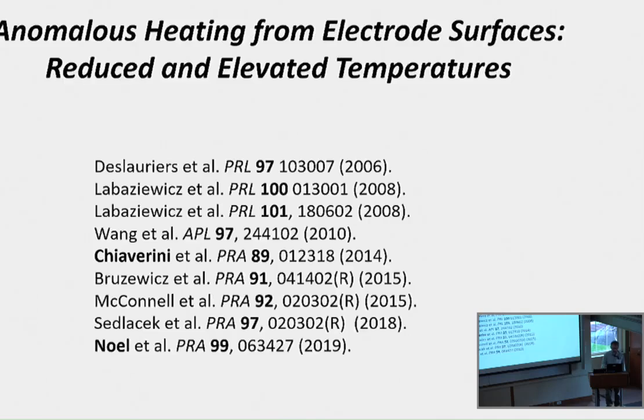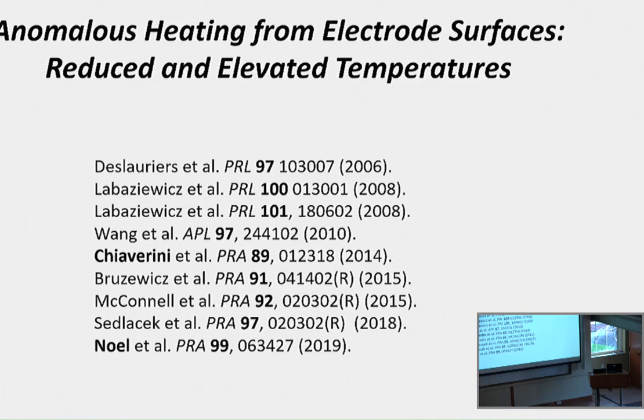These are the ones, and maybe I missed one, that dealt with reducing the temperature, and this one down here is the one that I'll show some data from that was for the elevated temperature trap. That's why they're in bold there.